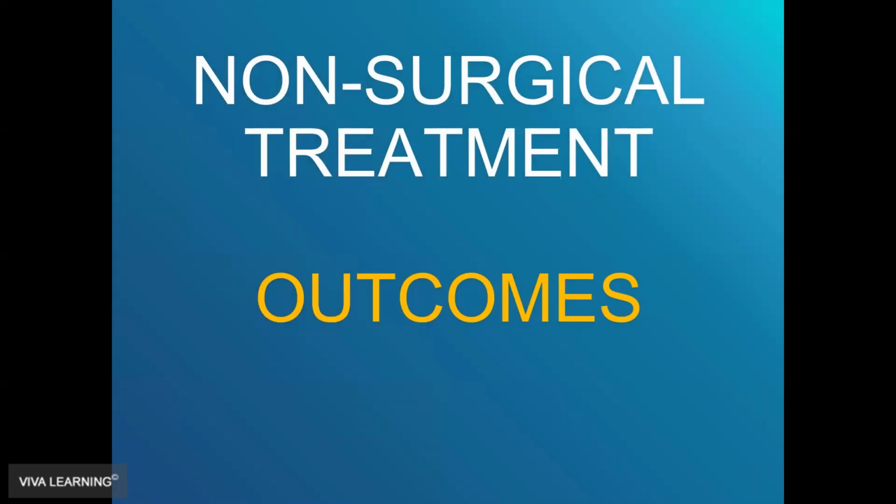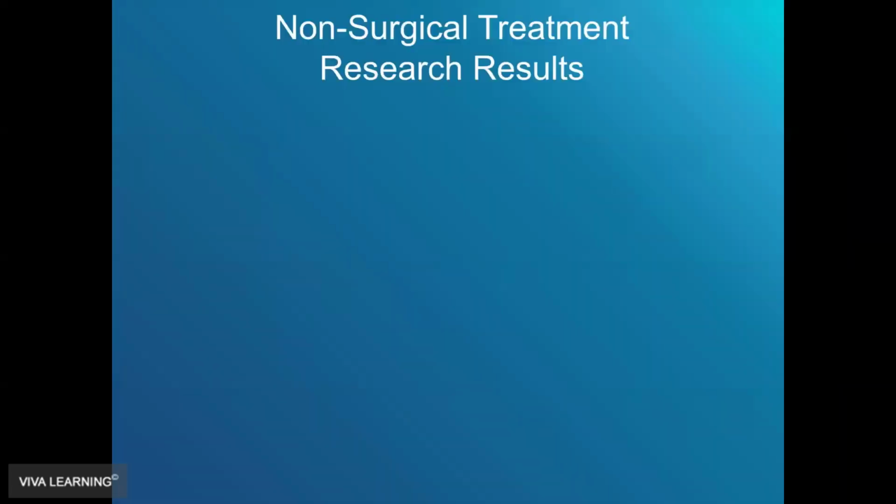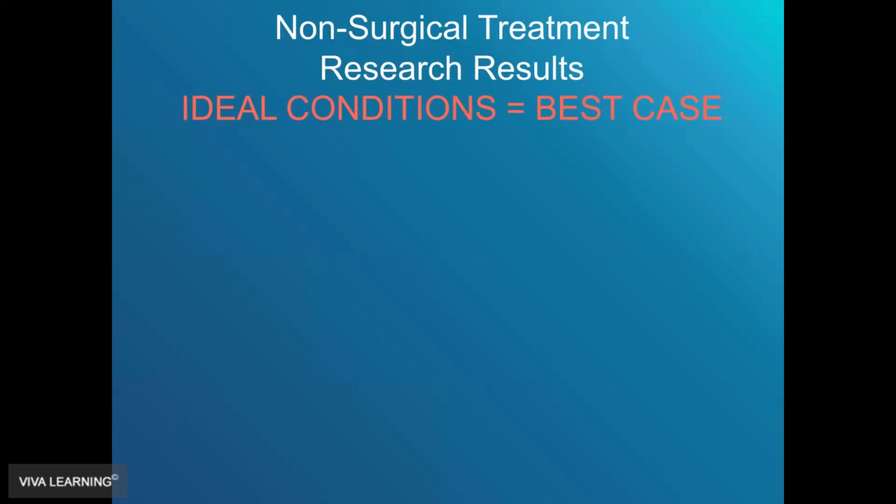What about the outcomes in the research as far as non-surgical treatment goes? In other words, does it work? It does, but please keep in mind that the periodontal research shows ideal conditions for the most part, and these are best case scenarios. And the reason is these studies are usually done at like a university perio grad program by the perio grad students and their periodontist professors. They oftentimes get extended amounts of time.